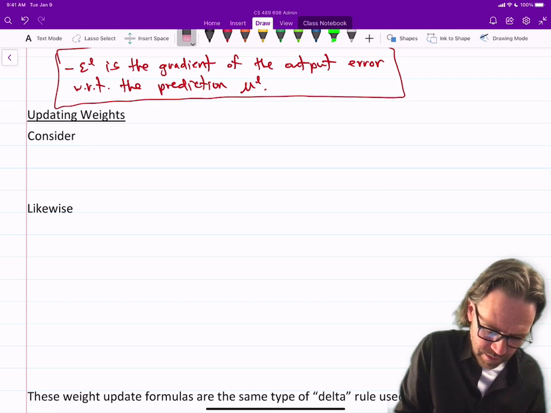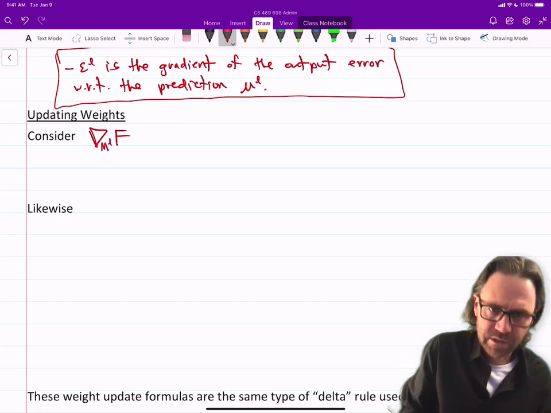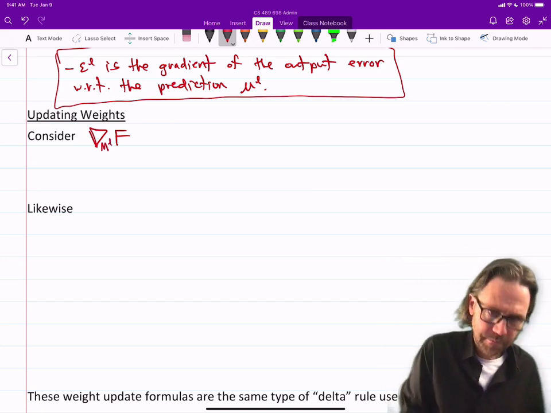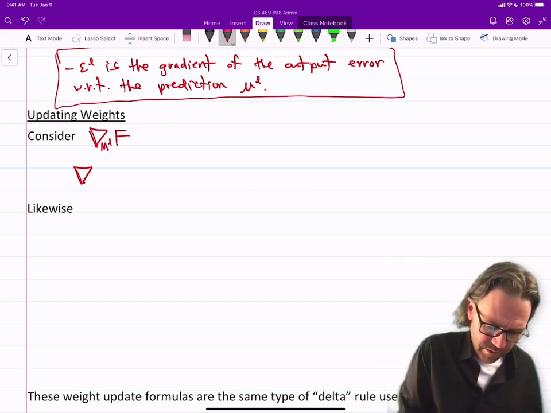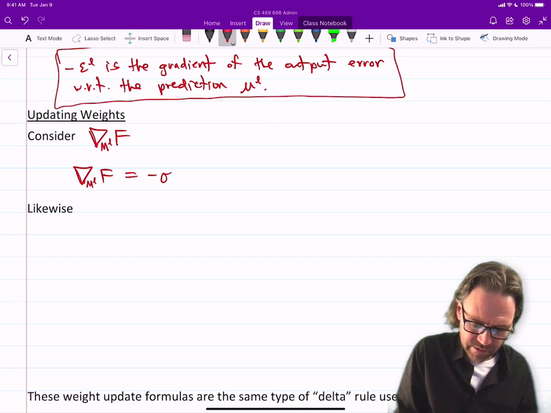So consider the gradient of the Hopfield function with respect to the connection weights M L. I won't derive it here, but you could probably figure out how to get this formula.